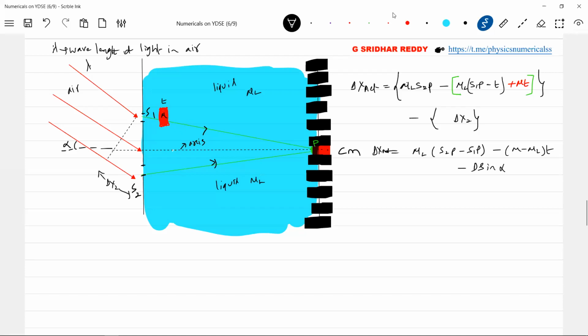It should be 0, no? Because from the geometry, S2P is in fact equal to S1P.